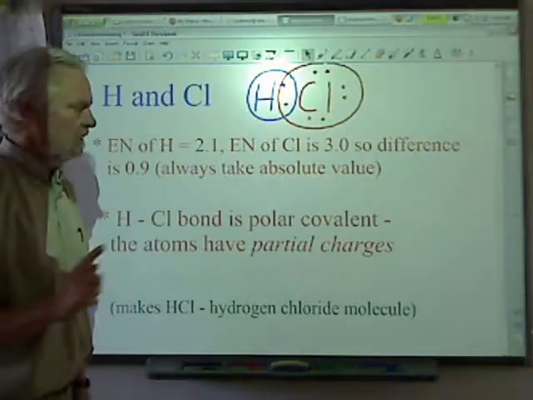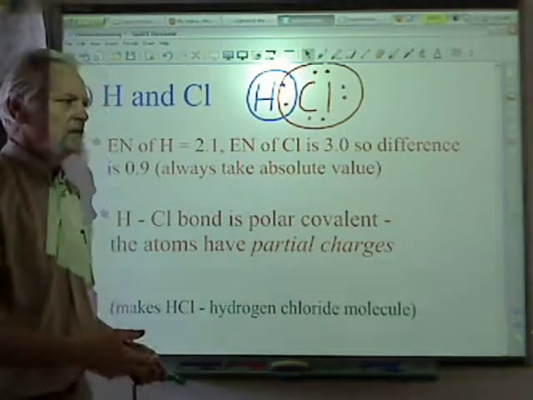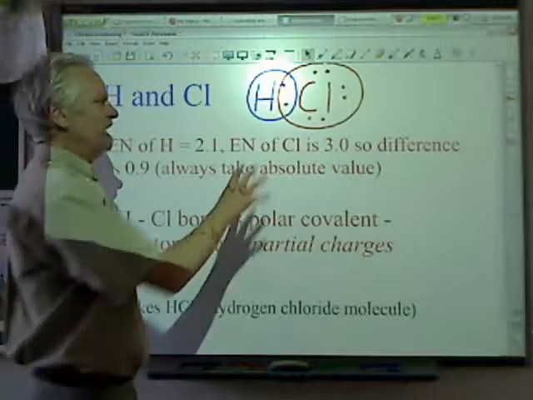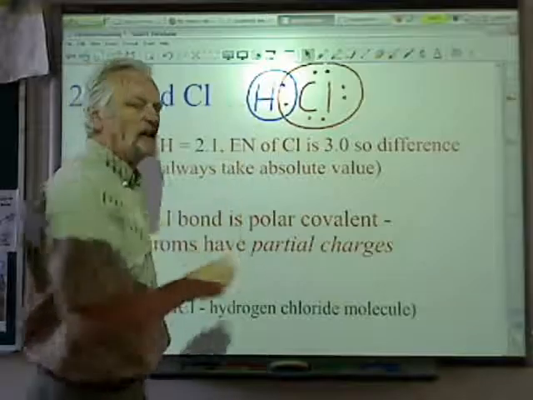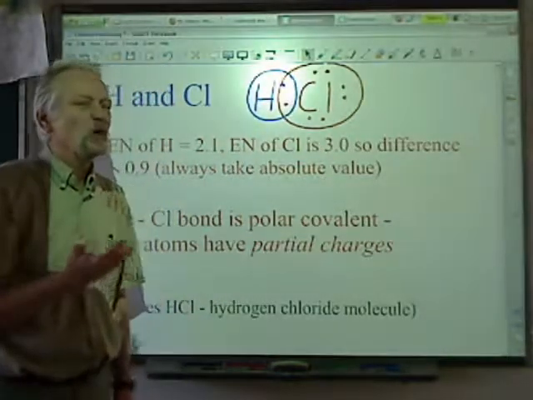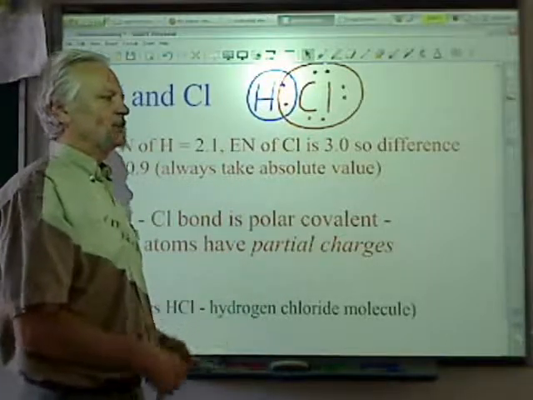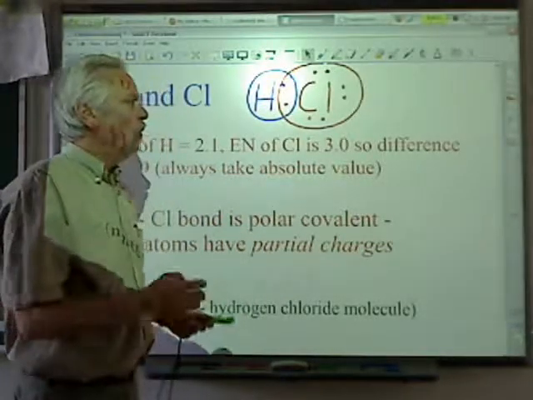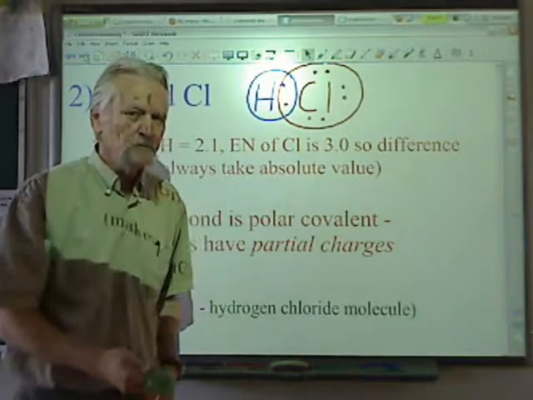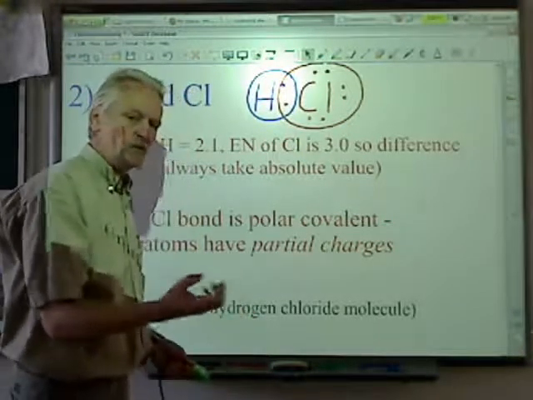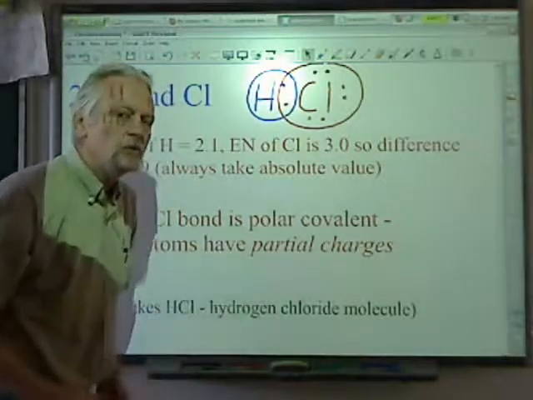The only difference here between this and H2, however, is that the greater electronegativity of chlorine means that it is going to have a higher electron density around it than hydrogen. Another way of thinking about it is sort of a partial ownership. That is to say, chlorine has that electron more often, or it's closer to chlorine, or however you want to think it through, which produces what we call a partial charge on both of the players.